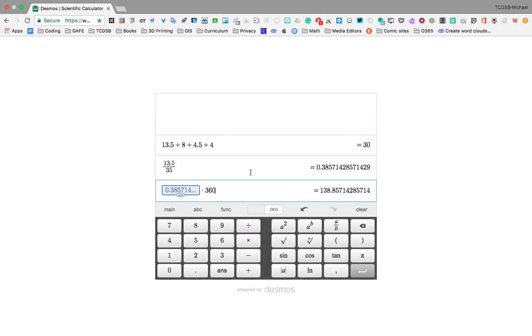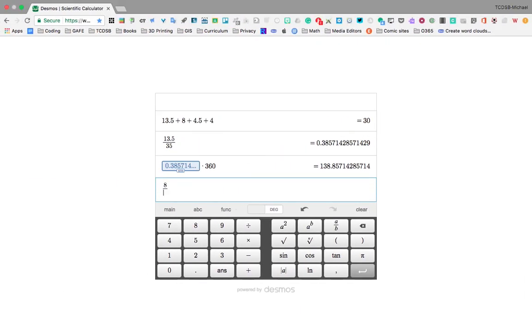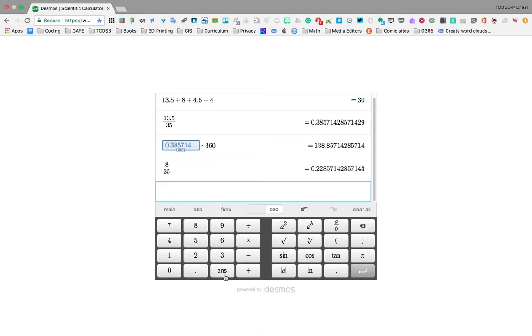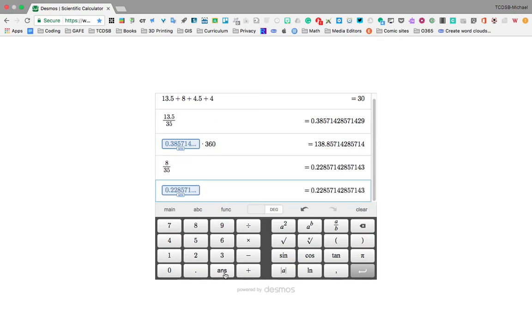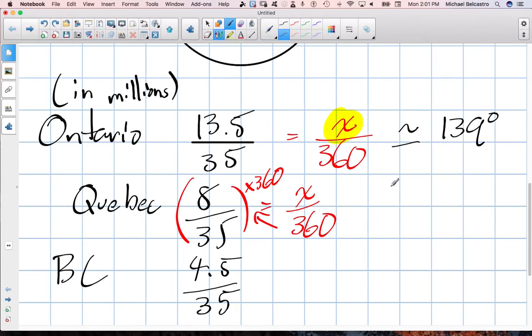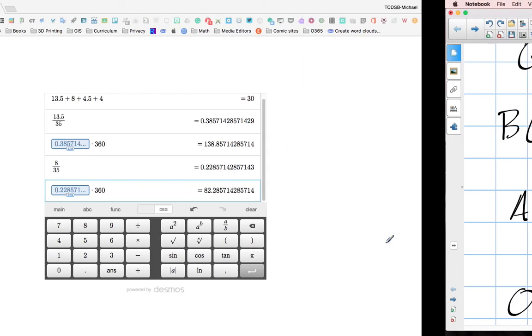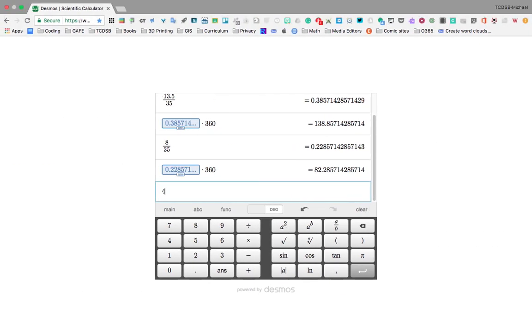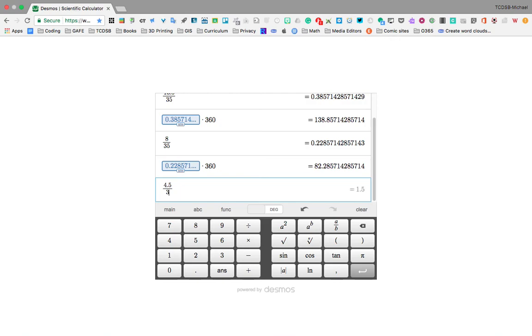So 8 divided by 35. So new one, 8 divide 35. Take that answer times 360 degrees. And there we go, approximately 82 degrees. Wonderful. We'll do BC and then Alberta. 4.5 divide 35.